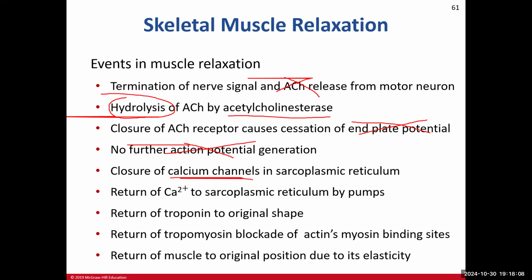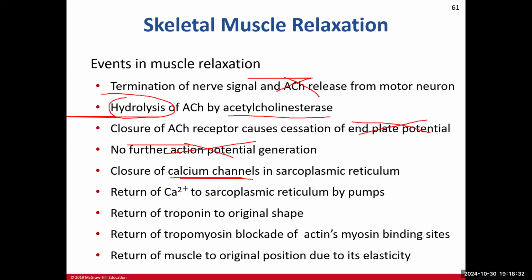And so the only thing that's going to be operating at that point are the calcium ion pumps. And what's their job in the muscles? To pump, I mentioned this last class, calcium from the sarcoplasm into the sarcoplasmic reticulum terminal cisterna. That's what the calcium ion pumps do in our muscle cells.